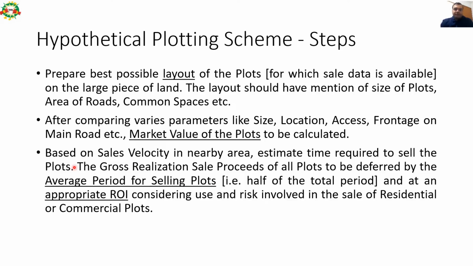Then the third step is that, based on sales velocity in the nearby area, we estimate the time required to sell the plots. The gross realization, the sale proceeds of all plots, is to be deferred by the average period of selling plots. Average period means half of the total period, at an appropriate ROI, rate of return or capitalization rate, considering use and risk involved in the sale of residential or commercial plots.